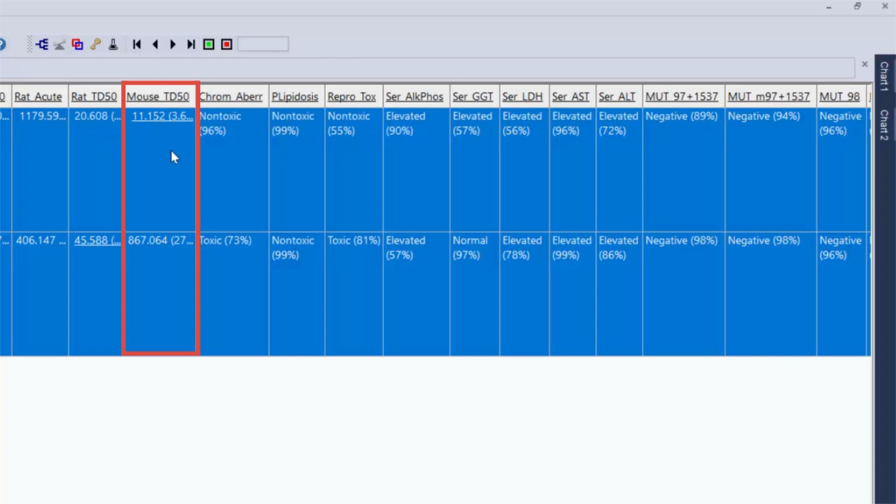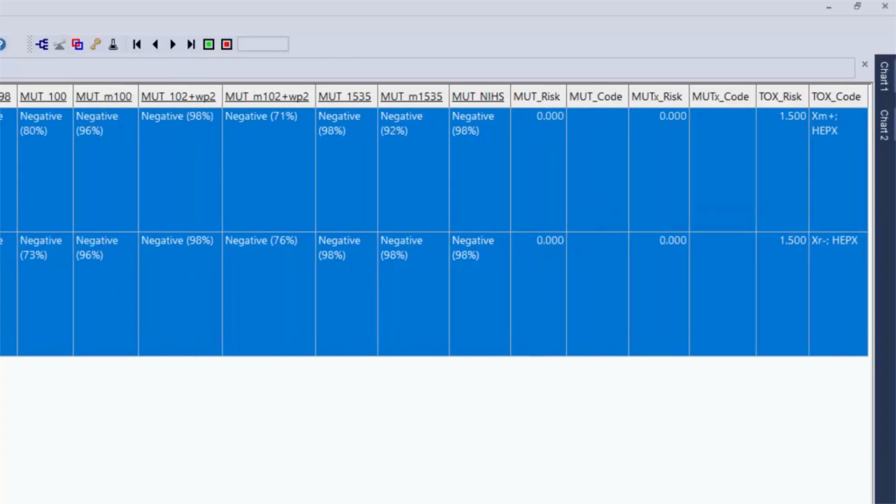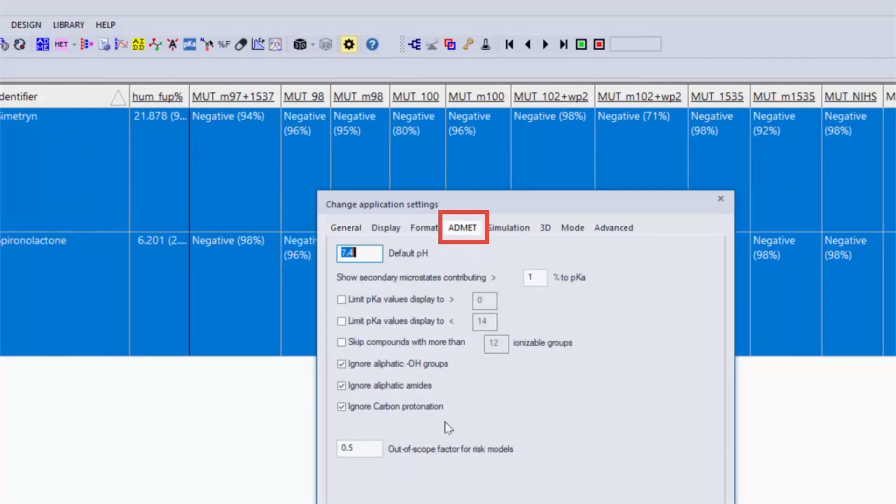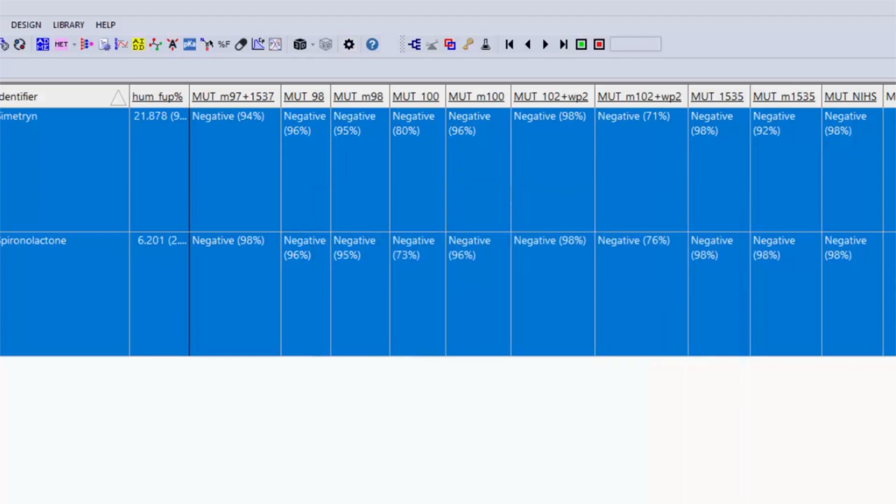So this would normally have a penalty of 1, but since it's out of scope, we apply the risk factor, which is in the settings here. If we go to the ADMET settings, the out of scope factor for risk models is 0.5. So it would multiply 0.5 times 1 to give you a value of 0.5 for that particular code.